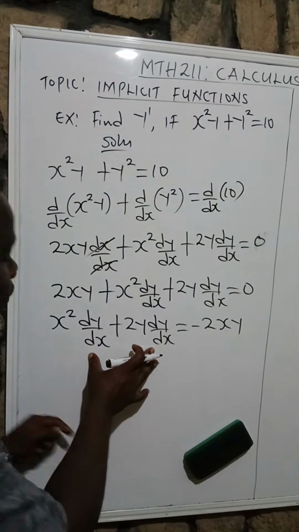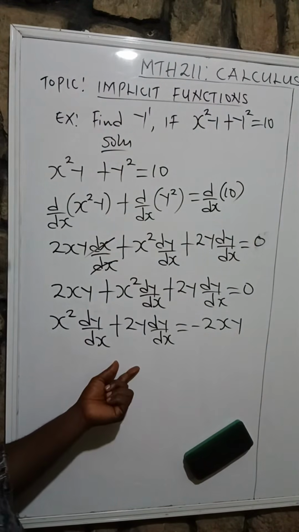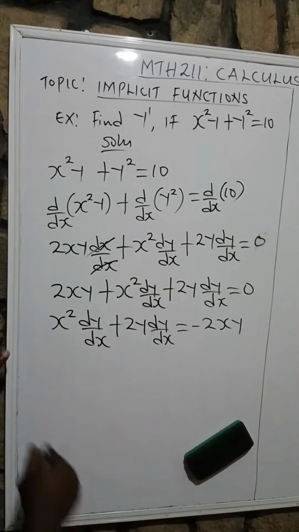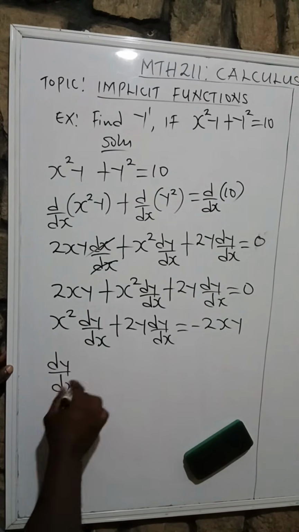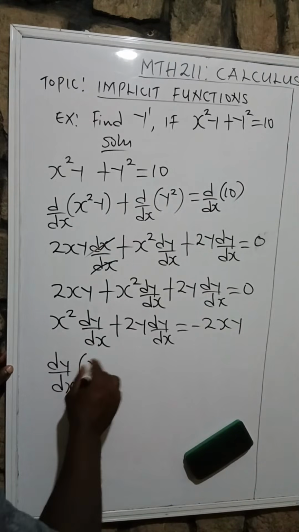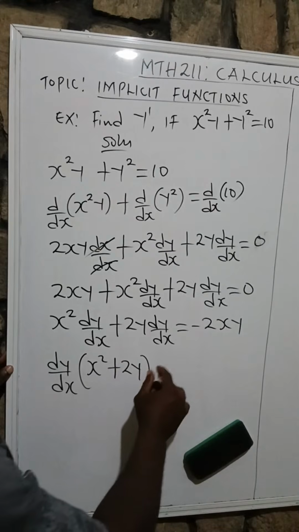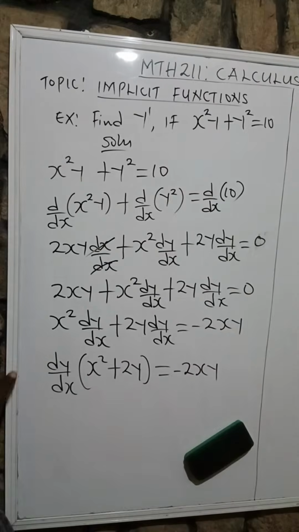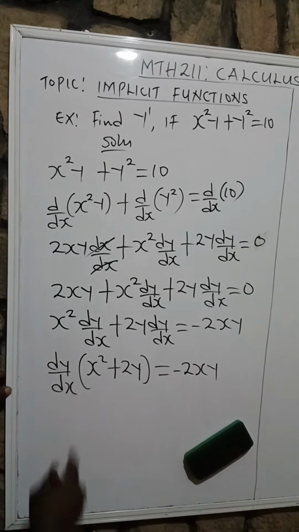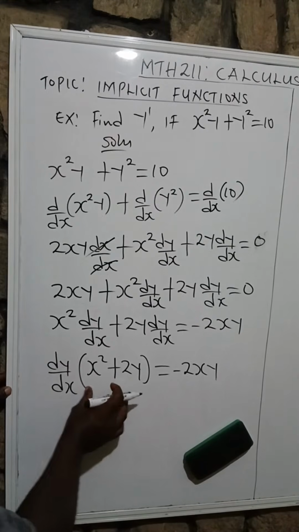So look at the left hand side. What is common? dy over dx is common, so factor it out. So x squared plus 2y equals minus 2xy. So what next? For us to obtain dy over dx, we divide through by this.